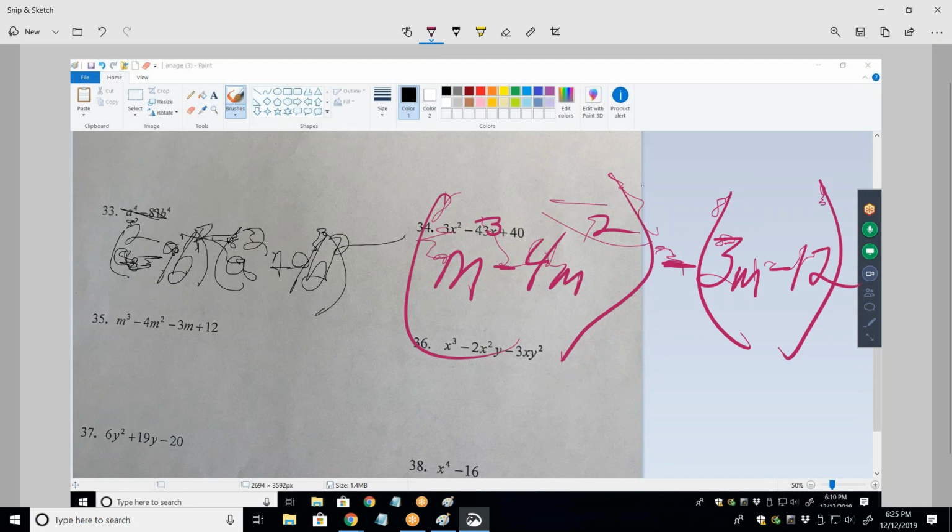Notice what I had to do in the second term. I had to change it to a -12 from a +12. Now remove the parentheses and tell me if I have the same thing that I started with. Yeah. That's what's important. It doesn't matter that I changed it to a -12.